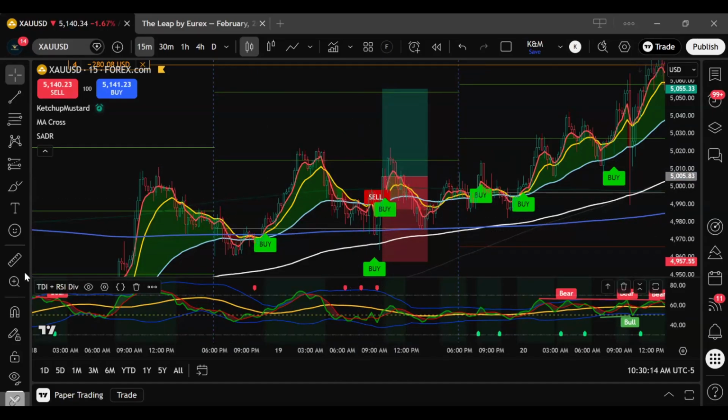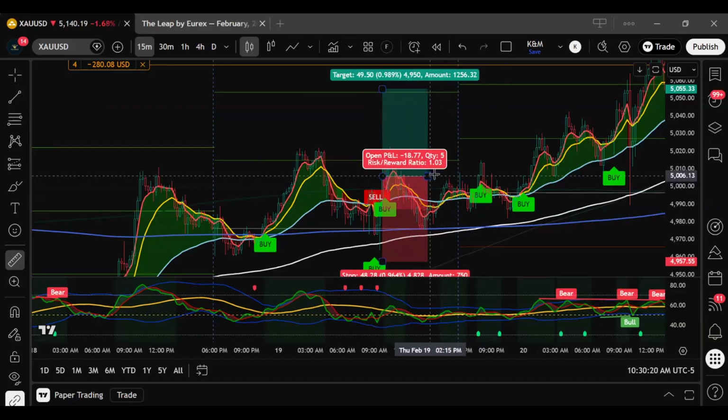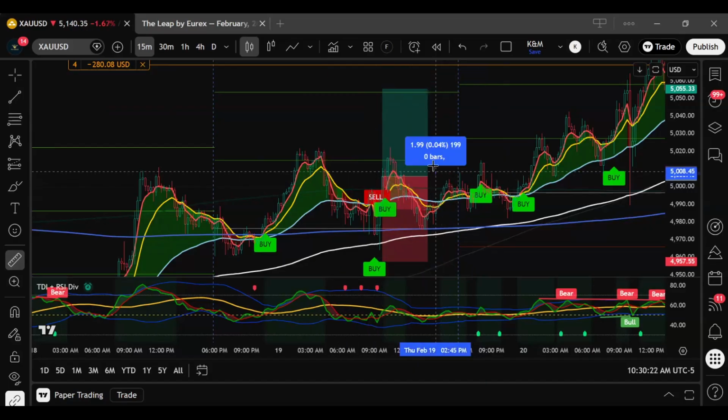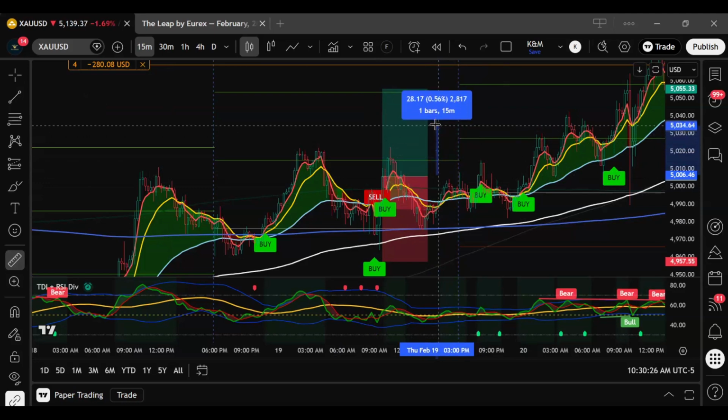So you would have set it for 30 pips. We're gonna keep this simple and just say keep it 30 and go up to the 30 with your measuring tool, your ruler. You would have found 30, and that would have been your target.